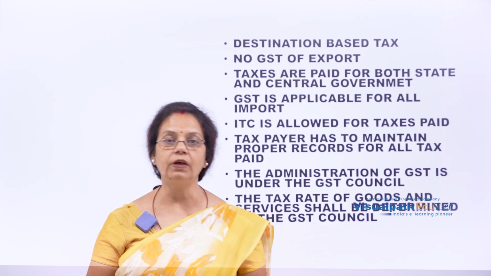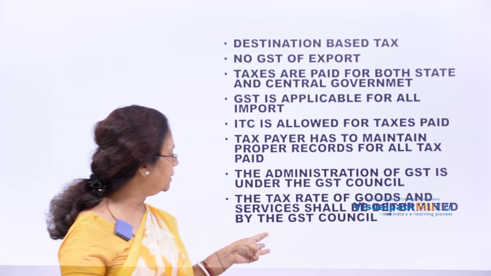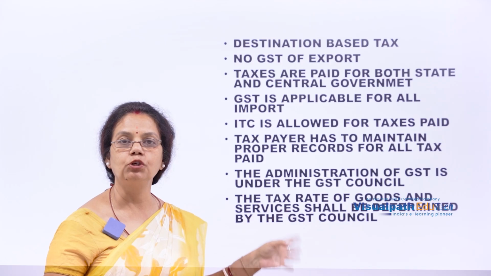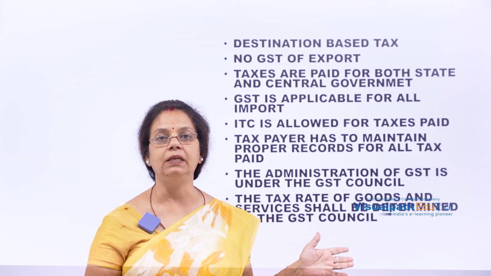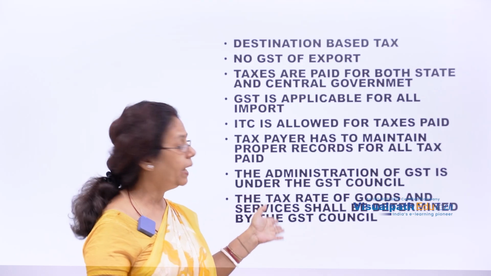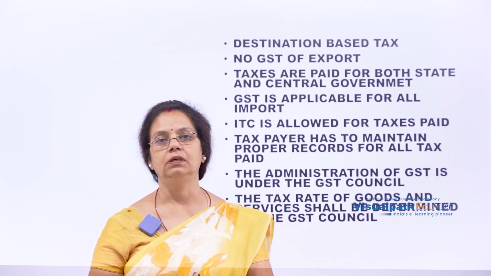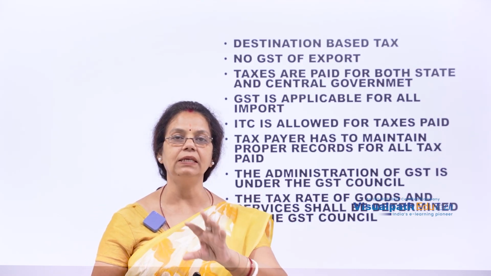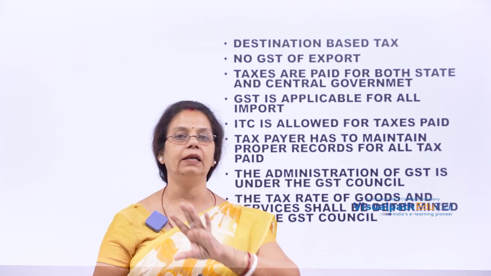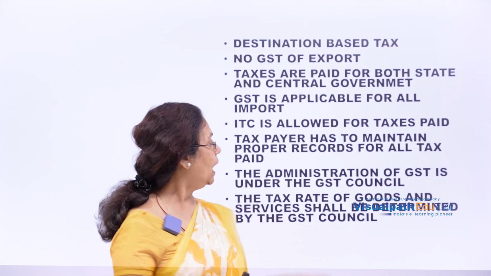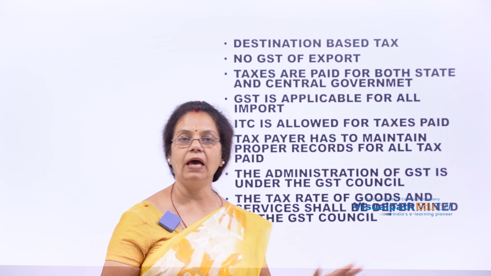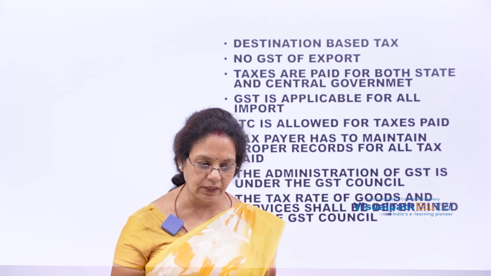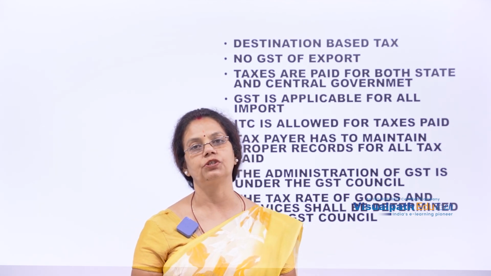These are the two very important points. And thirdly, the entire control and collection of GST is done by the GST Council. The GST Council has decided the entire control, the entire tax calculations and the implementation of rules and regulations. So this is the review of the characteristics and features of the GST.